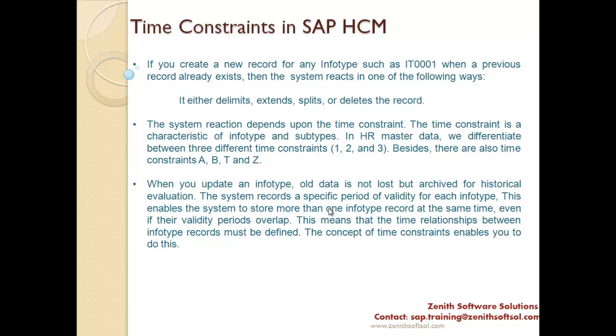If infotype 41 has time constant 2, react in this way. If infotype 15 has time constant 3, react in this way. So you are basically assigning a time constant to the infotype, which is a characteristic of the infotype. Based on the time constant, the system reacts.